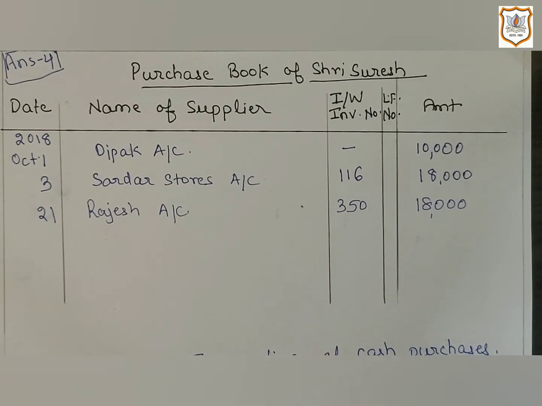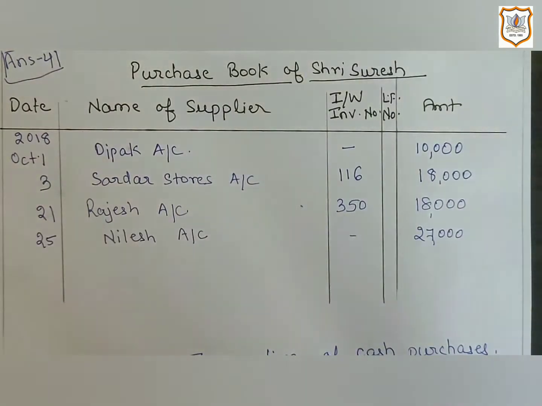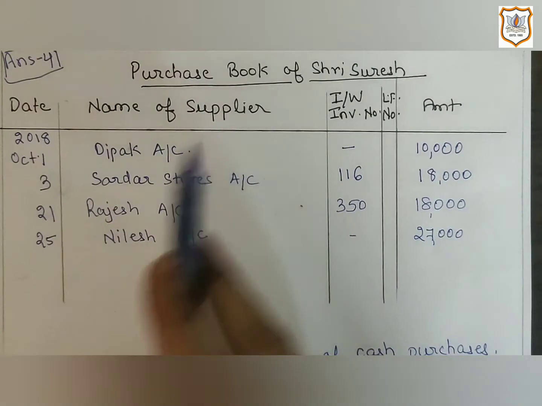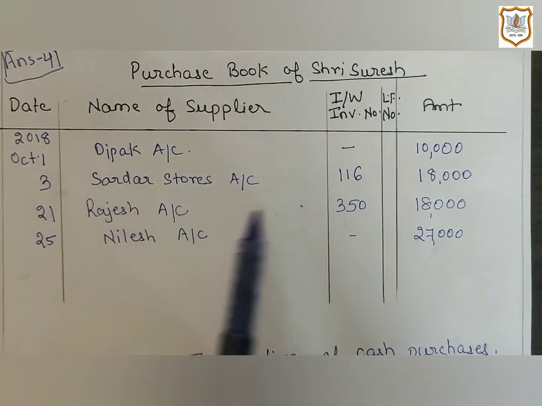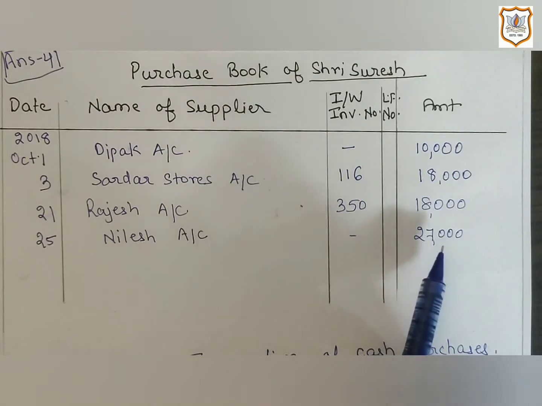But you must note that in such case, while recording in purchase book, we have to consider the whole transaction a credit transaction. So here we will record it in purchase book. First write date, name of supplier Nilesh, and in amount column we have to record amount of net purchase.